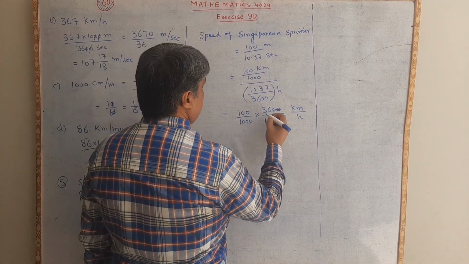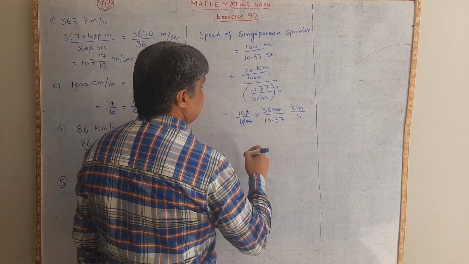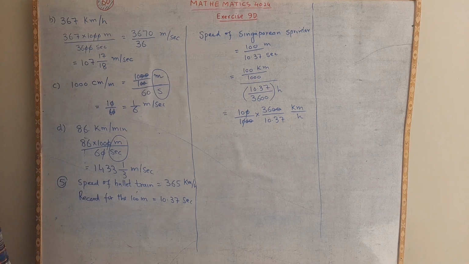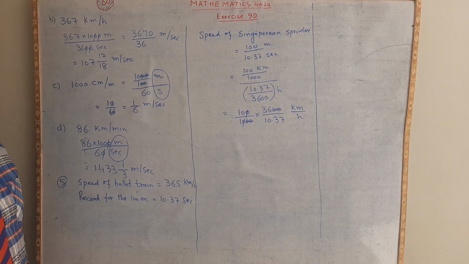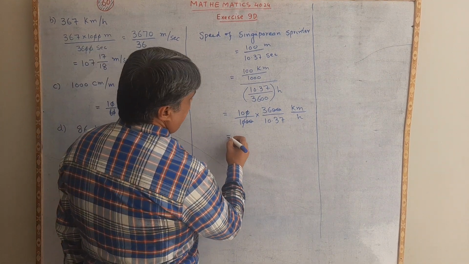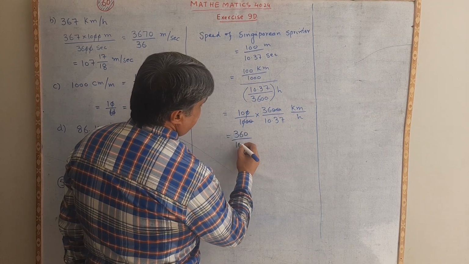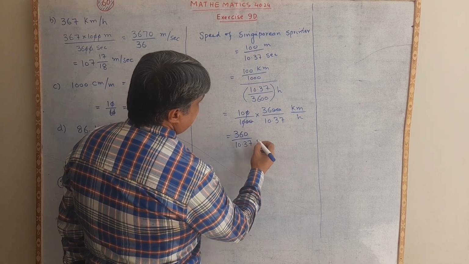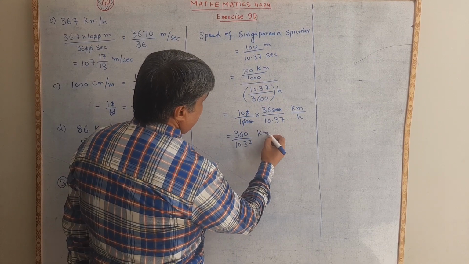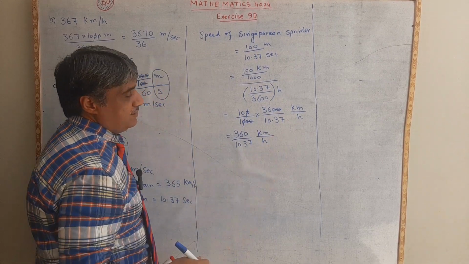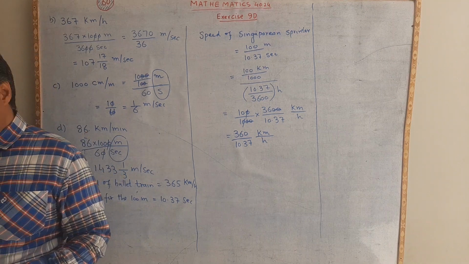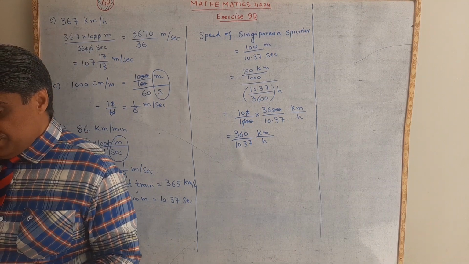These two zeros will be cancelled with this, and 1 zero will be cancelled with this one. So we will only be left with 360 divided by 10.37 kilometer per hour.